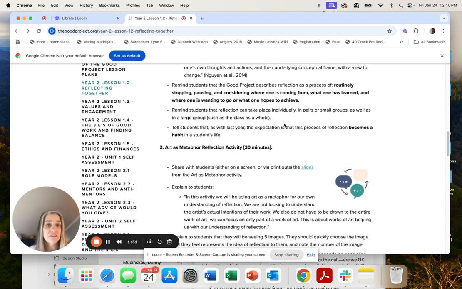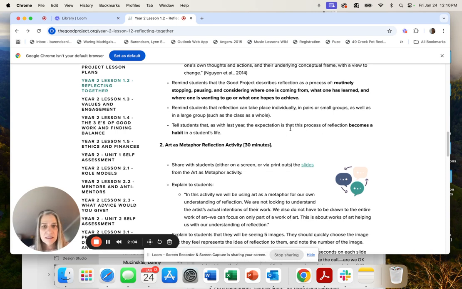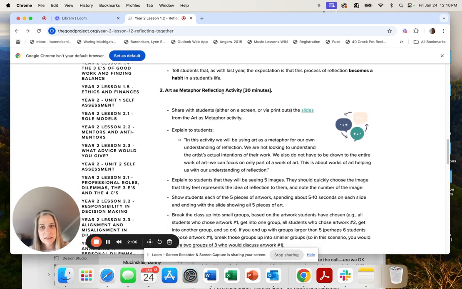Reflection can take place individually, in pairs or small groups, and also in large groups. We remind the students that the expectation is that the process of reflection really becomes a habit.